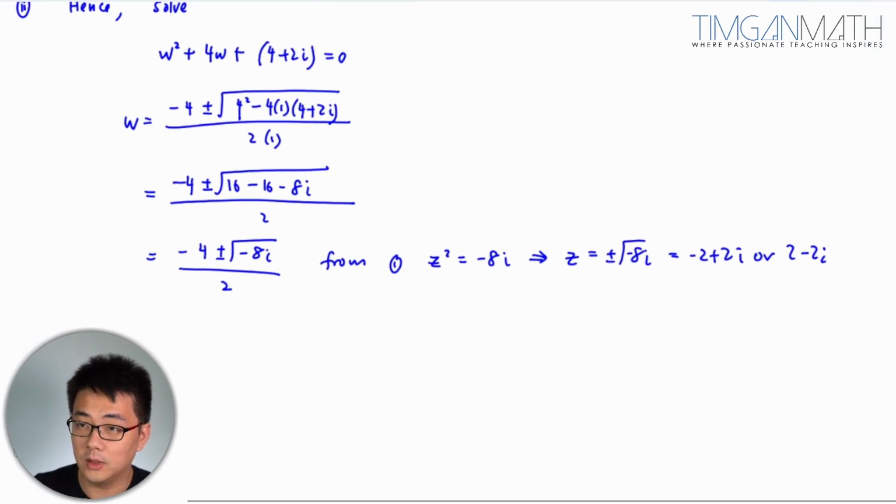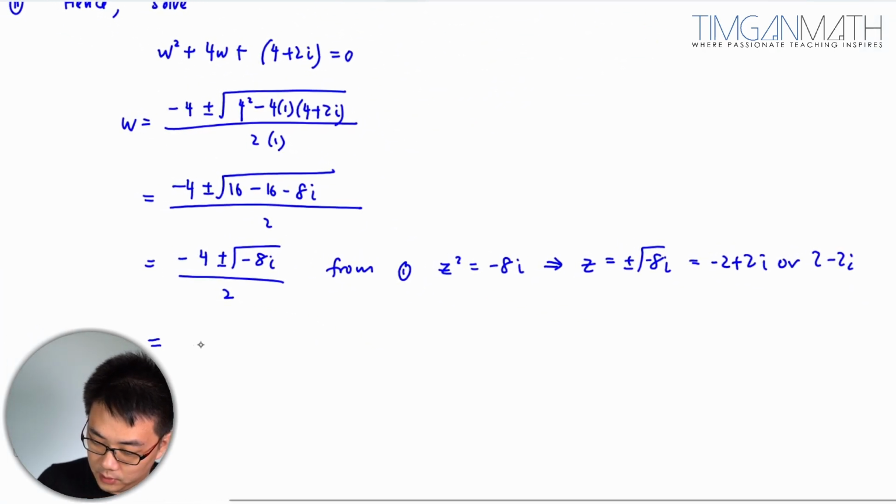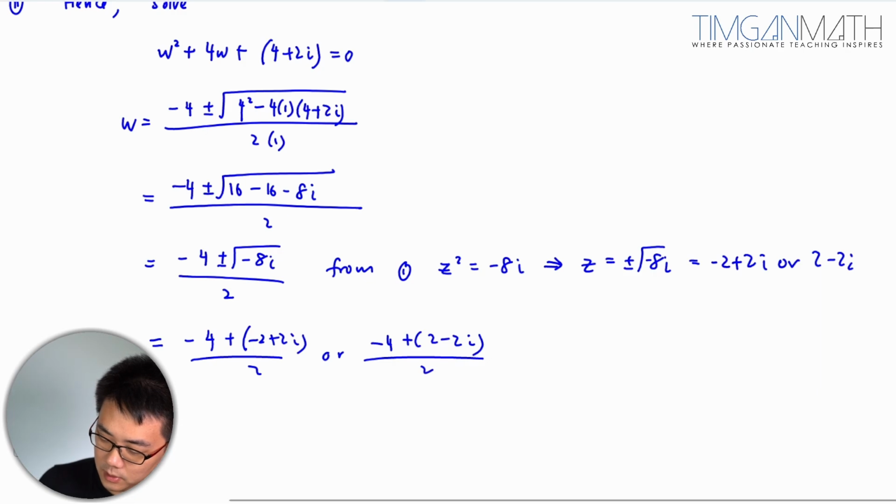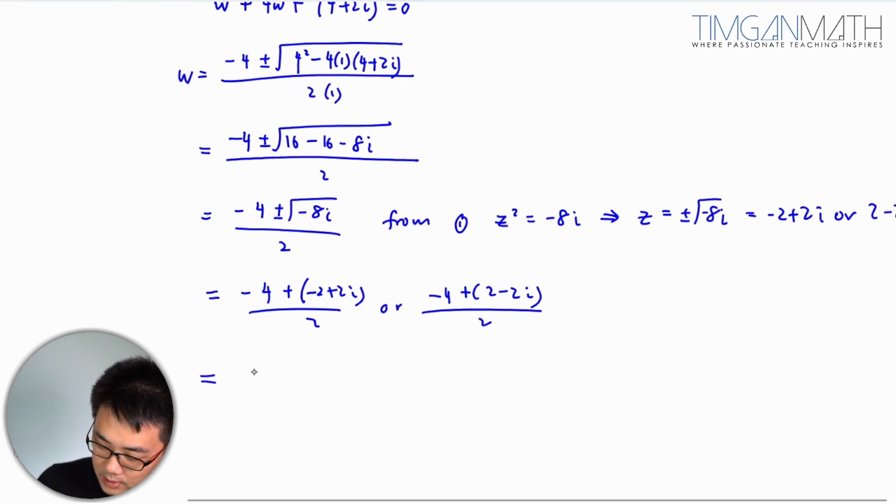So I'm going to solve this: minus 4 plus or minus... actually these are negatives of each other, so it doesn't matter. I'm just going to choose one, 2i minus 4. In this case, we get negative 6 plus 2i over 2, negative 2, that will give negative 3 plus i.